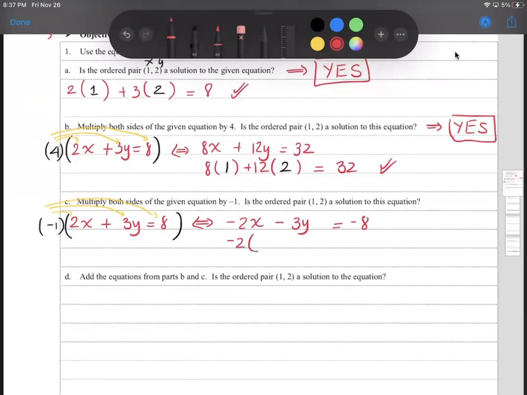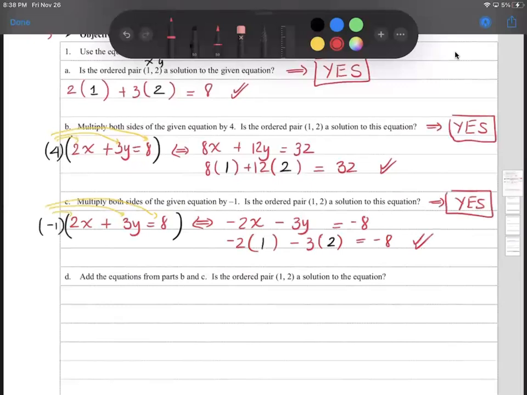And then I want to plug in (1, 2) into the new equation to see if it equals -8. So again, x is 1 and y is 2. -2 times 1 is -2, minus 3 times 2 is 6. So -2 minus 6 is -8. So yes, right?